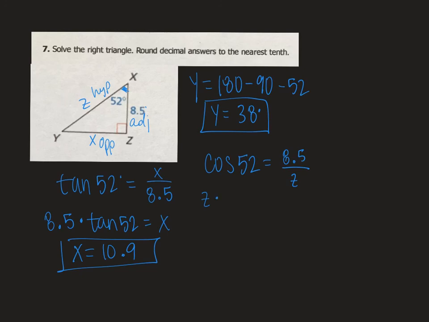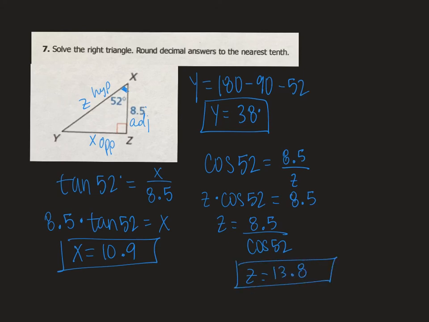So we want to get z out of the denominator. So we're going to ultimately divide 8.5 and cosine of 52. Which to the nearest tenth is going to be about 13.8 for that third side.